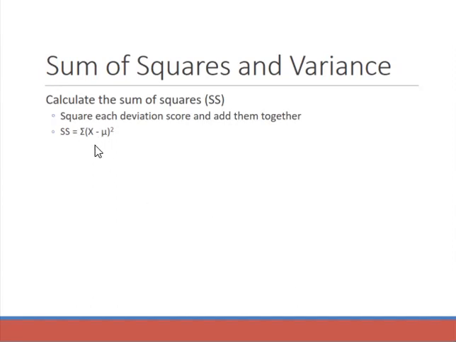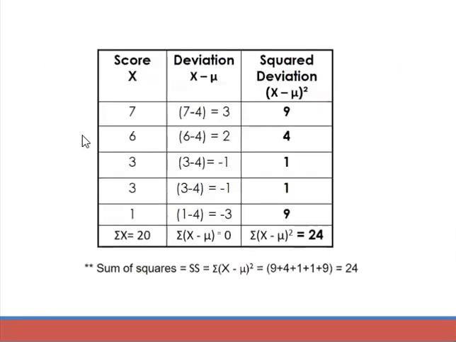If we remember our order of operations, the first thing we do is parentheses, so we take each individual score and subtract the mean to get our deviation score. The next thing we do is exponents, so we square each one of our deviations, and then we add them together. You'll do this just like we have with other frequency distribution tables, although in this case, this isn't a frequency distribution, it's just a list of the scores.